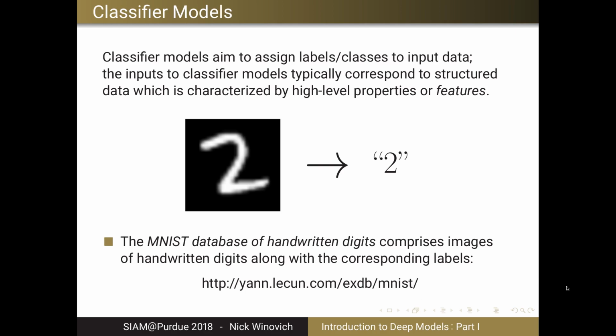In this example, there's a collection of handwritten digits which are stored in black and white format as pictured here. A basic first task we may ask is, how can we assign labels distinguishing what number is represented by a given image? So we have a picture of a 2 here, and we want to assign the label 2.